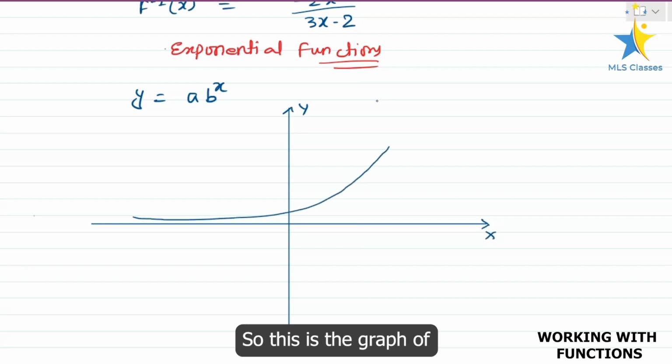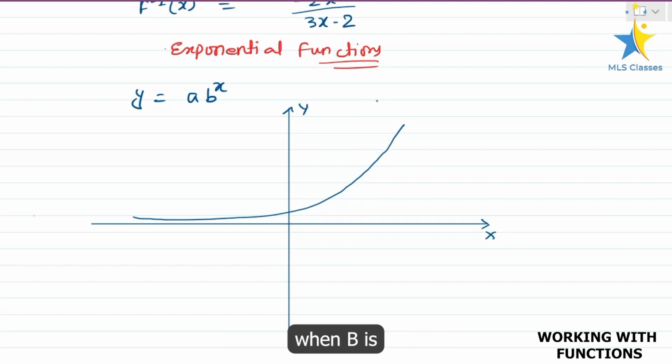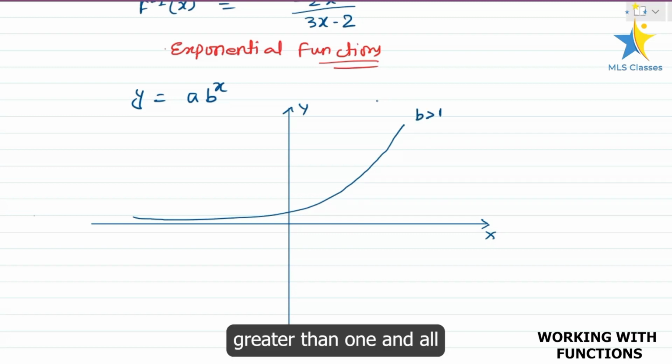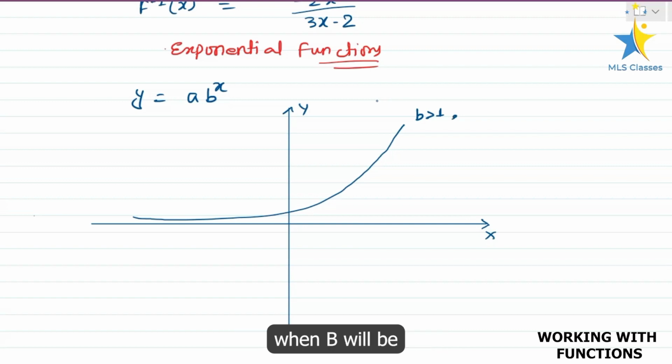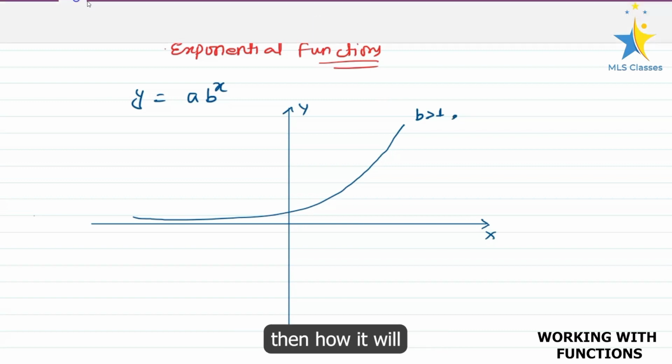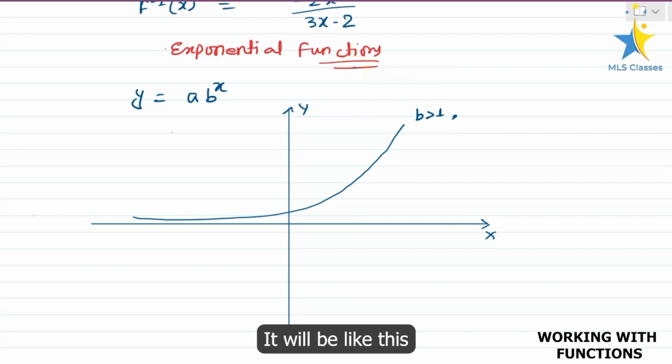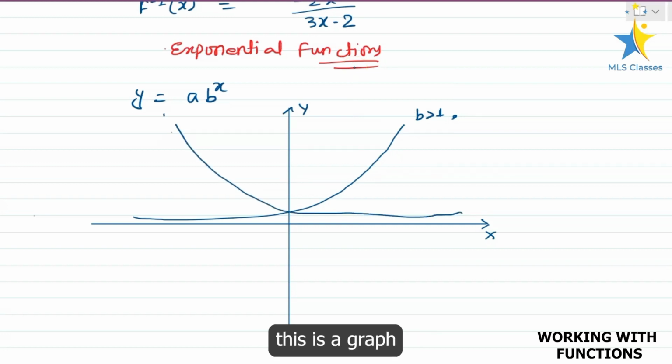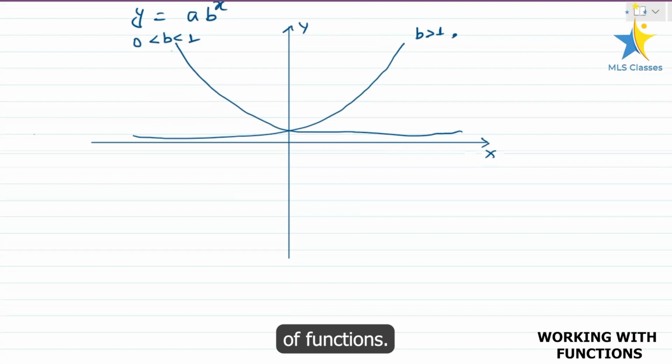This is the graph of y equal to a times b to the power x when b is greater than 1, and when b is less than 1, it will look like this. From this side it's like this. This is the graph when b is between 0 and 1. Now when it becomes negative, we will simply take the reflection, which we will study in transformation of functions.